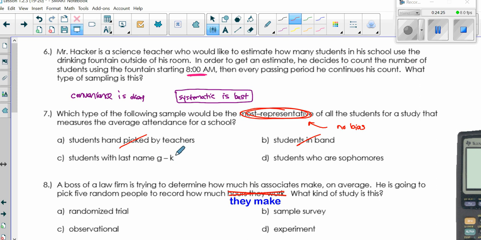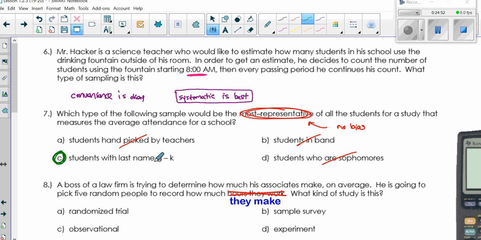Like groupings were A through C and then D through F, and then we're all thrown into a bucket and we randomly select those. So we're going to come back to that one. And then D says students who are sophomores, which obviously is not a good pick because you're talking about one grouping out of 4. You're excluding the freshmen, the juniors, and the seniors, which means out of these choices, this is your best, most representative.